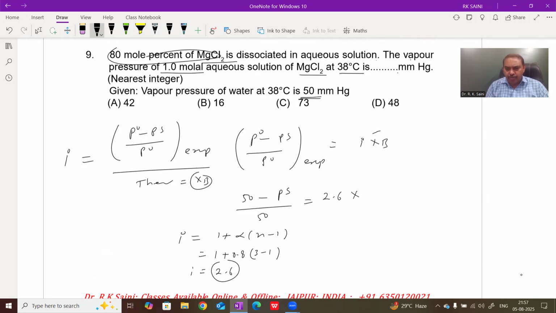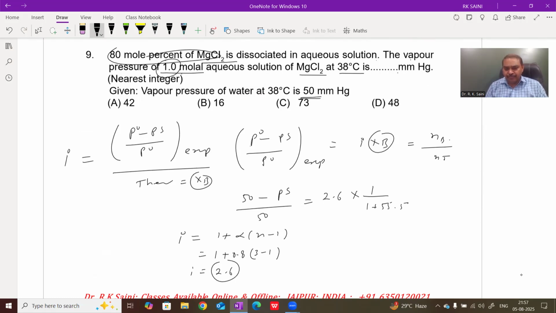And then mole fraction. Mole fraction means moles of solute upon total moles. Moles of solute, given 1 molar solution, is 1. And the total moles: 1 molar solution means 1 mole of magnesium chloride in 1 kilogram of water, and 1 kilogram of water means 55.5 moles of water.